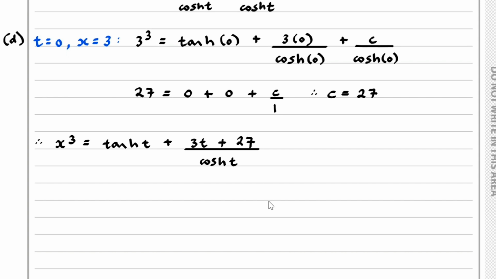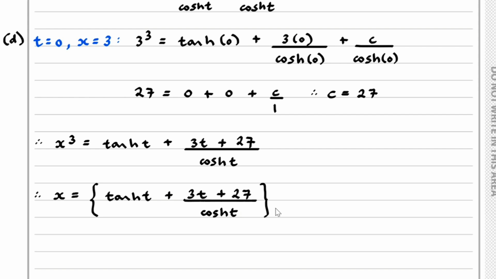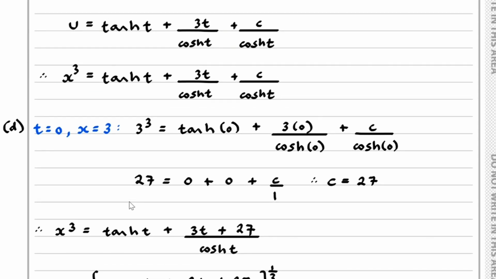And if I cube root, we end up with x equals tan t plus 3t plus 27 over cos t, all to the power of 1/3. So that's how we approach part D.